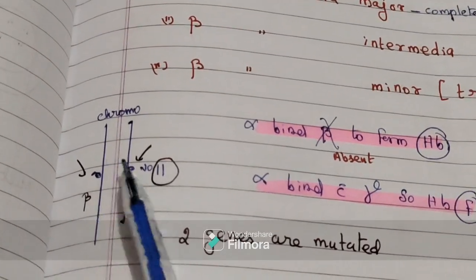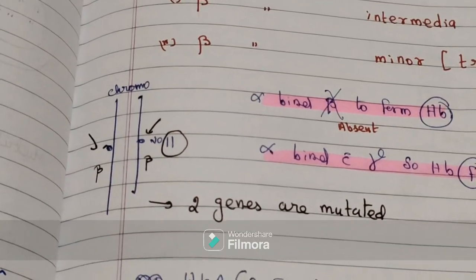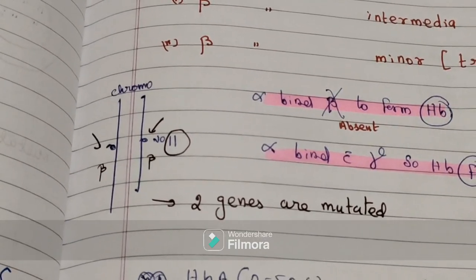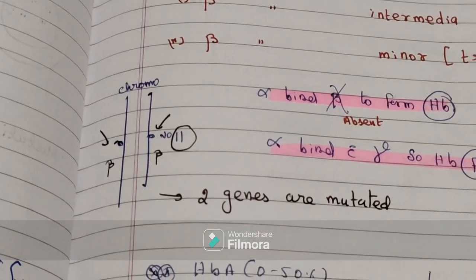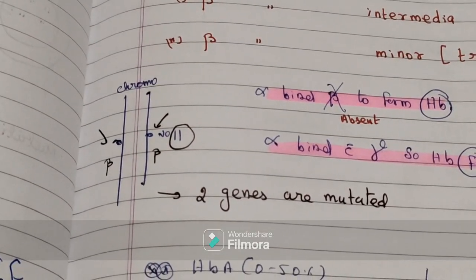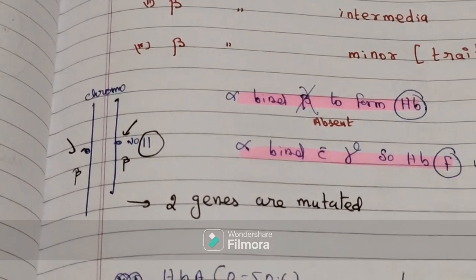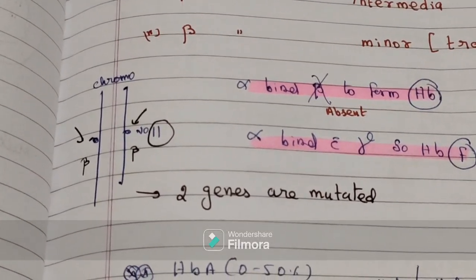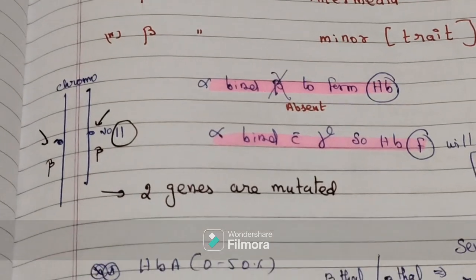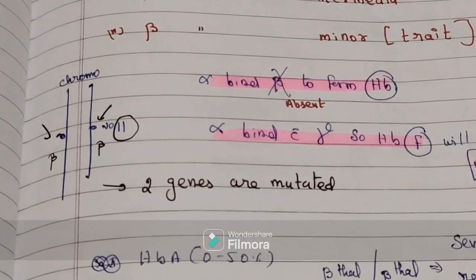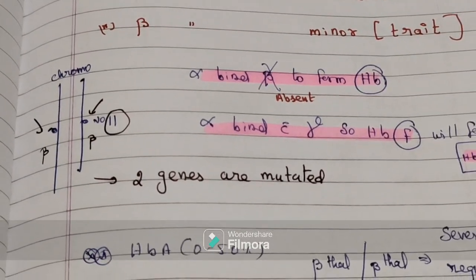So two genes, here one gene and here one gene. Both of these are mutated. On chromosome number 11, we have a pair of chromosomes. On each chromosome, we have one gene for beta. Here the point mutation leads to beta thalassemia.